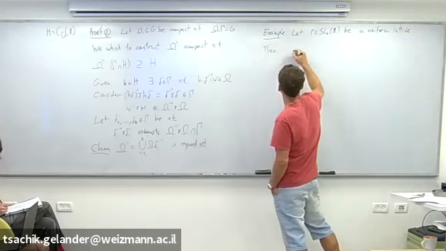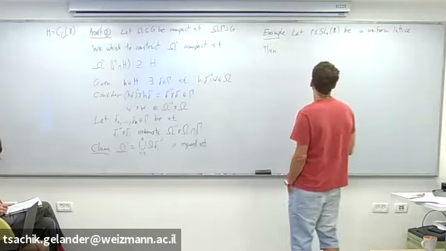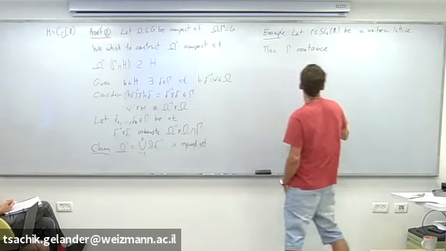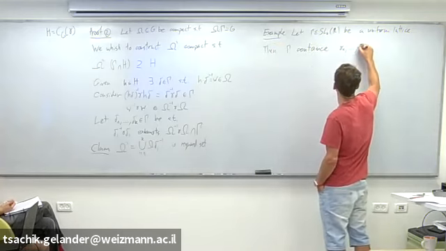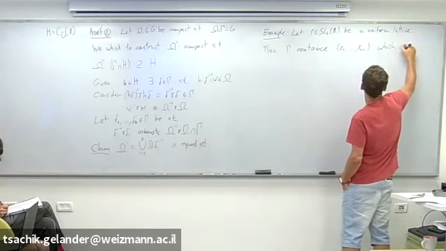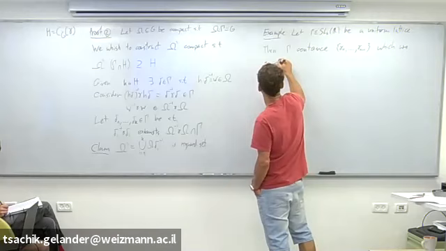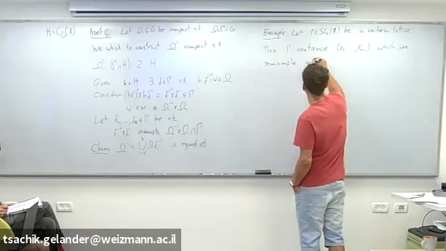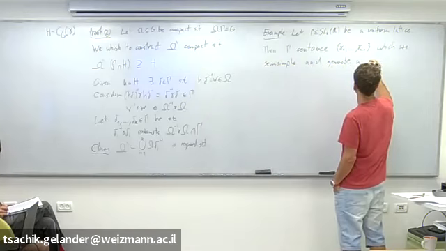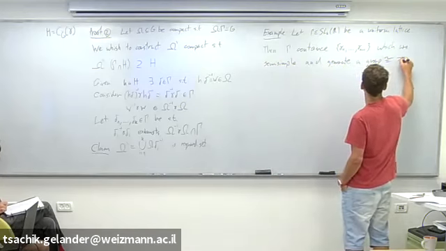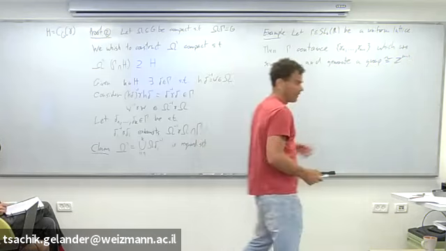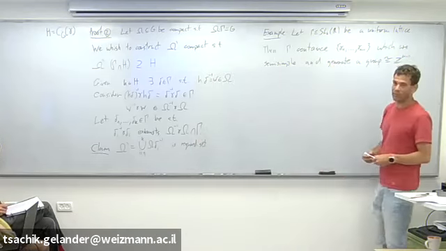Then it follows that gamma contains, let's say, gamma 1 up to gamma n minus 1, which are semi-simple and generate a commutative group, a group isomorphic to Z to the n minus 1. How do you see that?